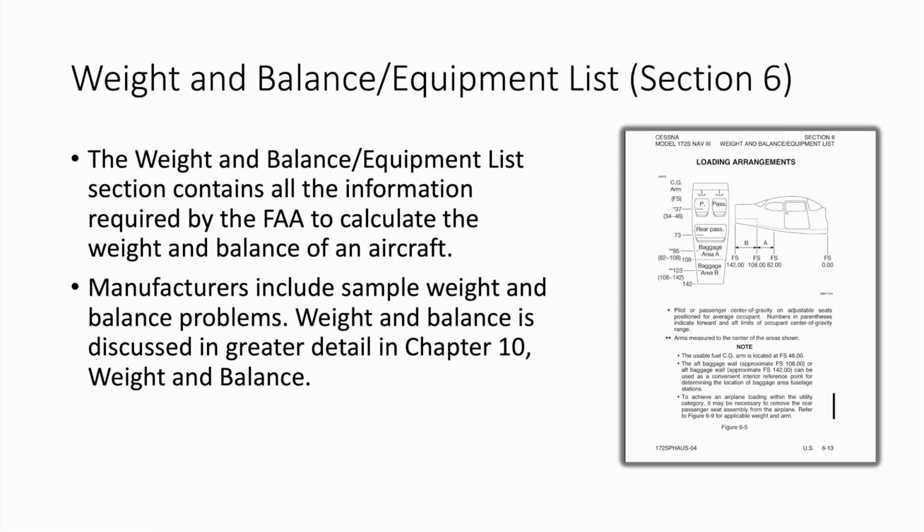So you'd reference this section to calculate weight and balance. And there's also a part of this section that'll tell you how to weigh the aircraft itself. Not that any student or pilot really is going out there and weighing their aircraft, but if you're the owner, it kind of lays out how you do that.